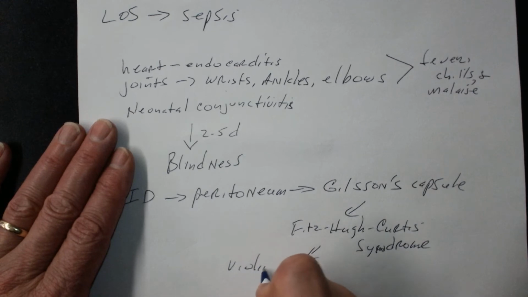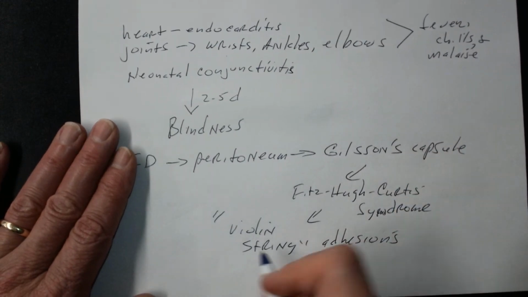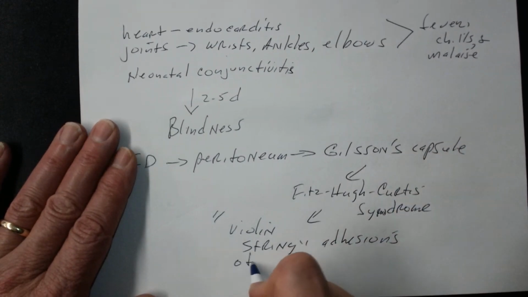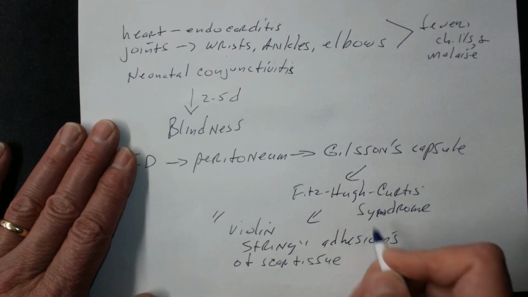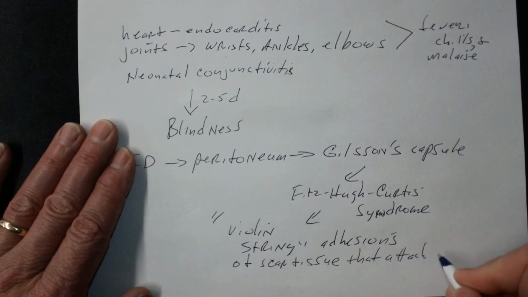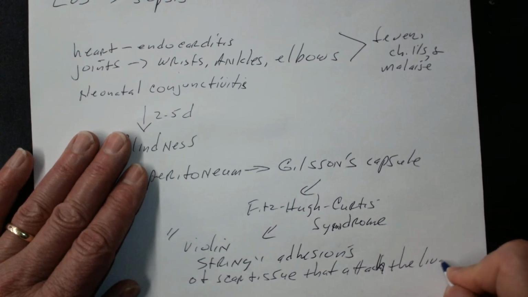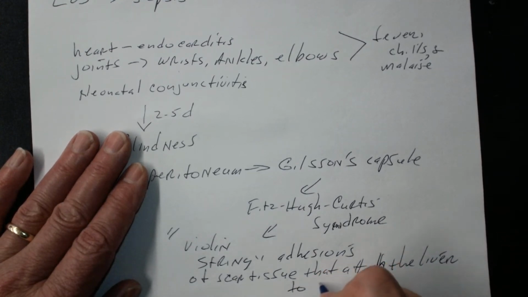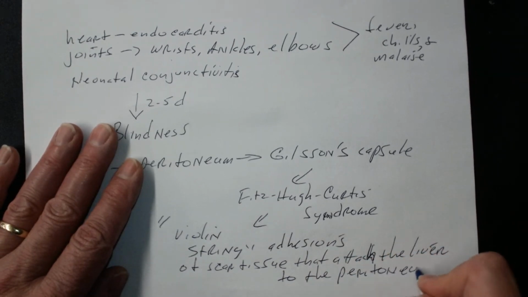So-called violin string adhesions of scar tissue that attach the liver to the peritoneum.